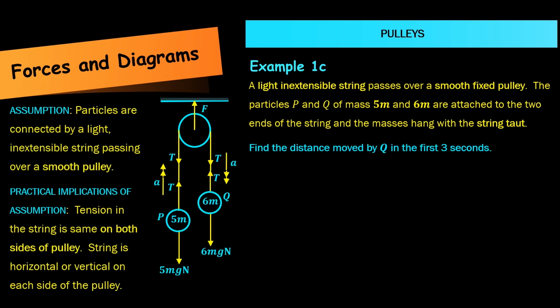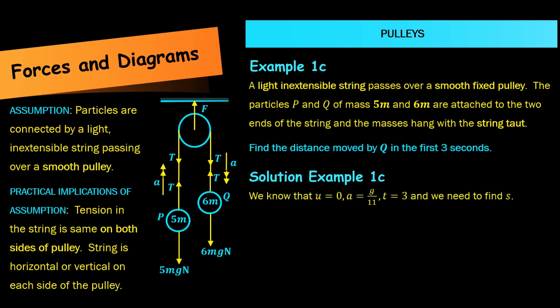And now for part C, we are required to find the distance moved by Q in the first 3 seconds. So let's solve this. We know that u equals 0, a equals g/11, and t equals 3, and we need to find s. Which equation of motion are we going to use? We are of course going to use this one, s equals ut plus a half at squared, as this has all the letters indicated in it.